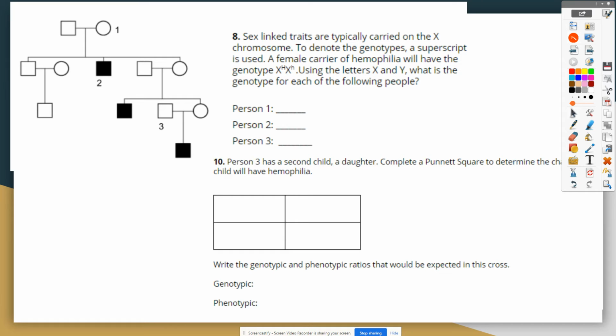On your whiteboard, draw how you would represent an affected male and an affected female on a pedigree.